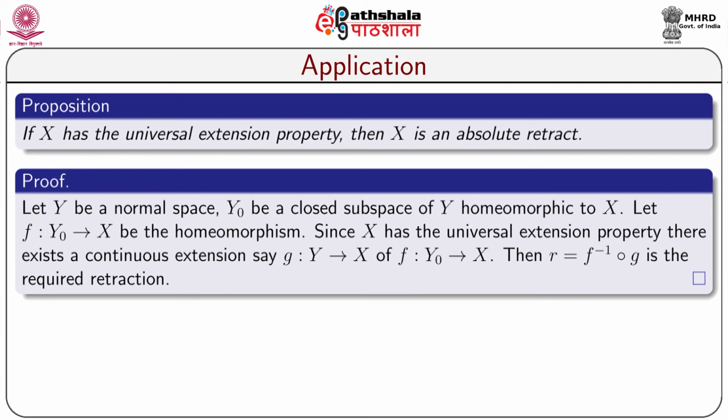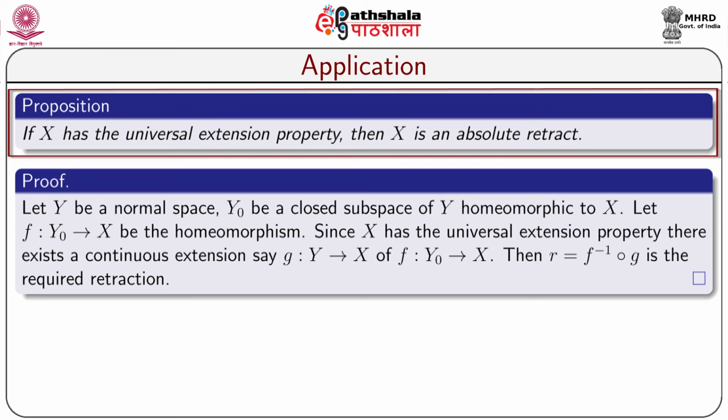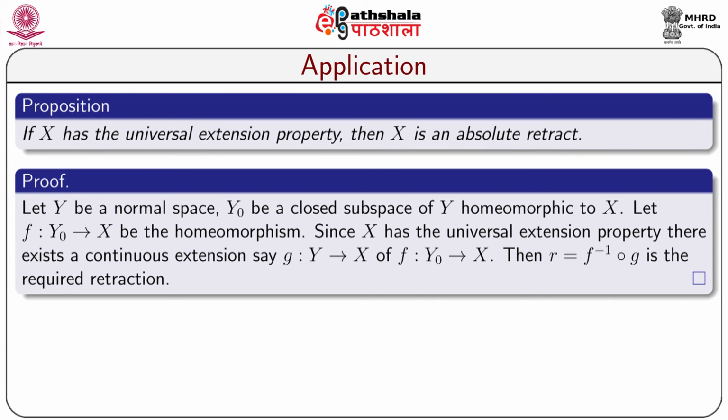We end this section with the following proposition: if X has the universal extension property, then X is an absolute retract. To prove this, let capital Y be a normal space and Y naught be a closed subspace of capital Y which is homeomorphic to capital X. Let f from Y naught to capital X be the homeomorphism.